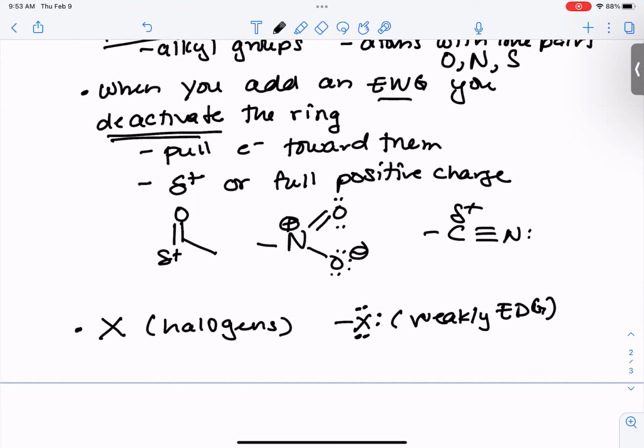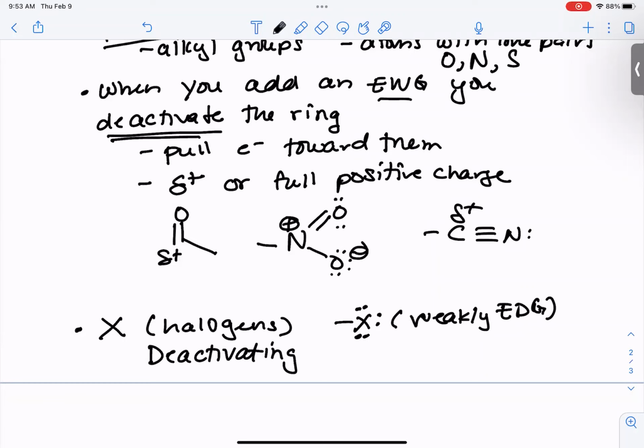However, they are deactivating in electrophilic aromatic substitution. We are going to see that this electron donating group effect will come into play when we look at the directing effects.